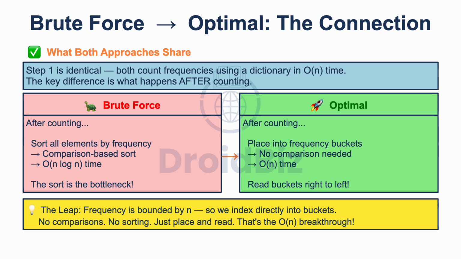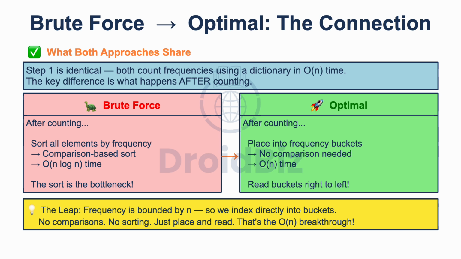In the optimal approach, we skip sorting entirely. Instead, we use a clever observation. Frequency can never exceed n. So we create n+1 buckets and place each element directly into the bucket at its frequency index. No comparisons needed. Just a direct placement. That is big O of n.